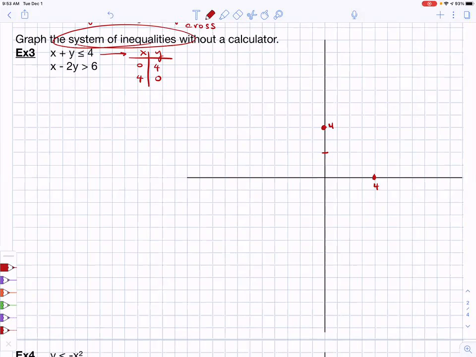Now I'm about ready to draw my line, but I need to go back to my two questions before I can draw my line. So what's question number 1 again? Solid or dashed? What is it? It's going to be solid. And what's question number 2?